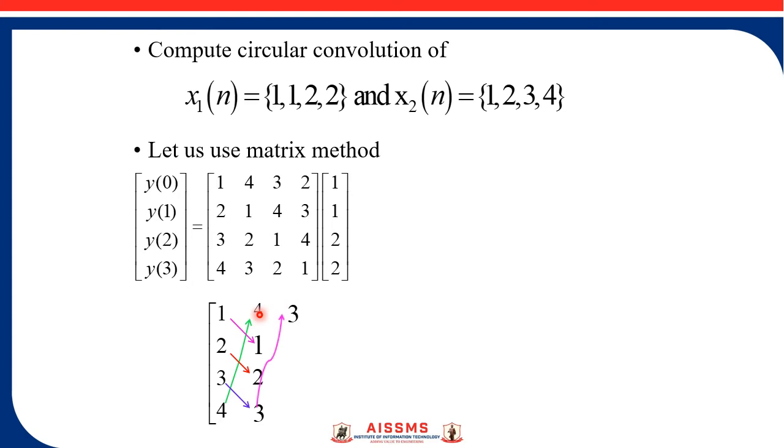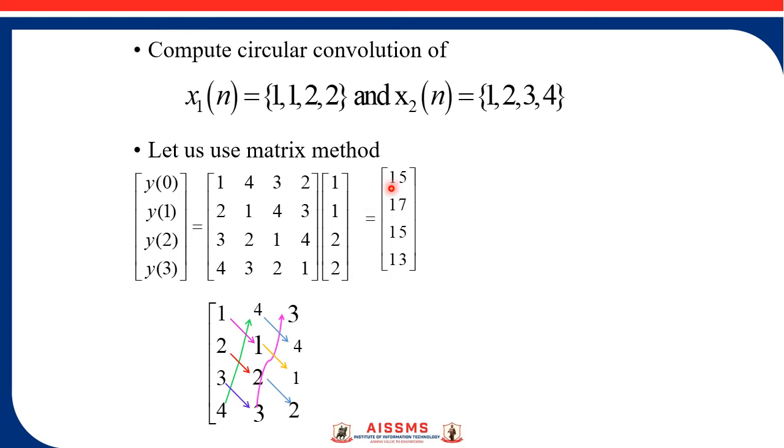Then again this 4, the first element of the second column, will become the second element in the third column. Again this 1 will be the third element in the third column and this 2 will be the fourth element in the third column. Now this 2 will become the first element. So this is how I have completed this 4 by 4 matrix, and then I have done the matrix multiplication.